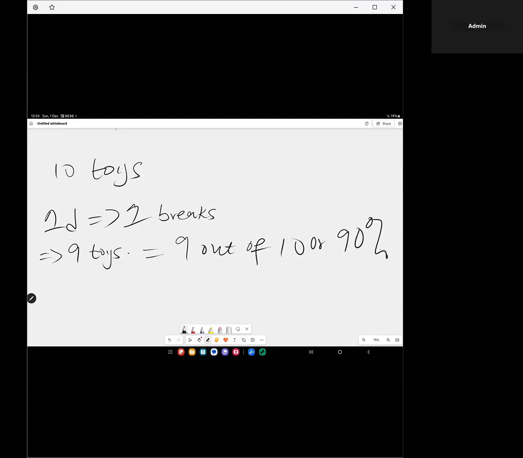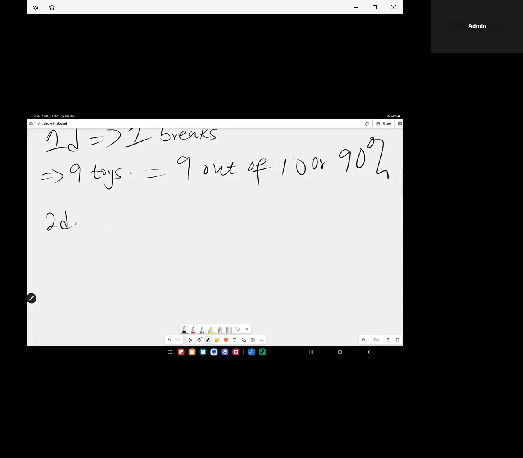Now, let's come to day two. And on the second day, 2 toys decide to break. So remember, we have 9 toys left. Then on day two, 2 break.